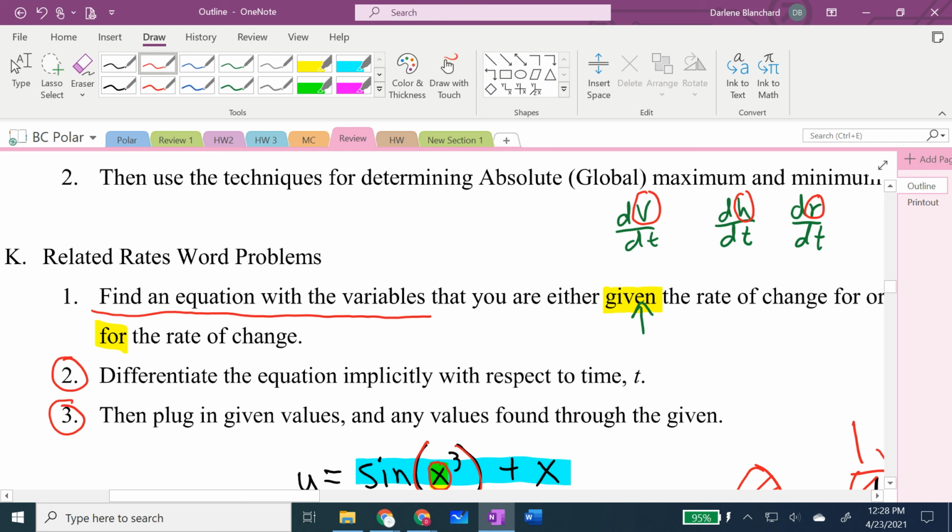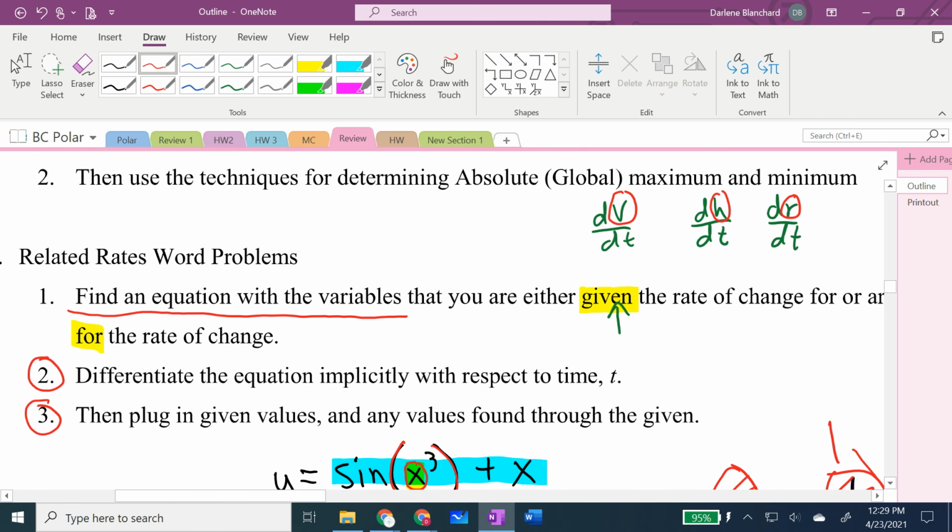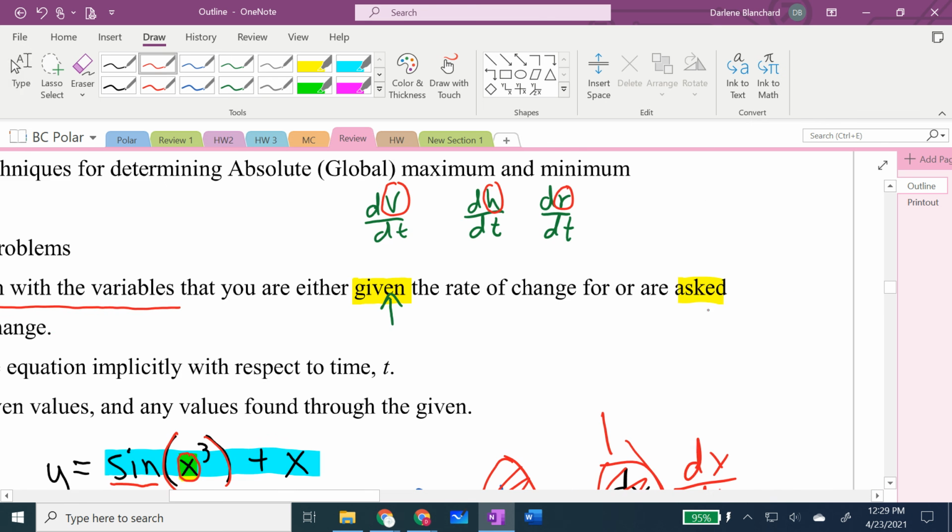and you are given, say, 2 of these, you are asked to find one. You are given one or more rates of change. You are asked to find another rate of change. That may mean only two of the three. You have at least two, but you might have more than that.